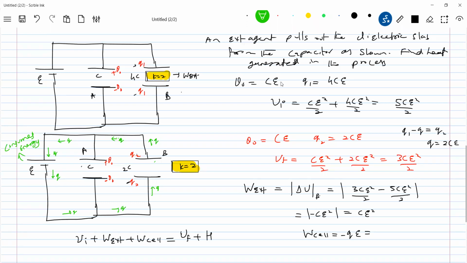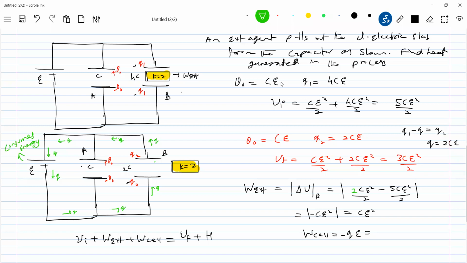Work done by the external agent is the change in potential energy of capacitor B. But you wrote it for the total system. Oh, the symbol I wrote, 5C square. Only of capacitor B, the final energy is how much? C square. Yes, I'll make the changes, thank you.